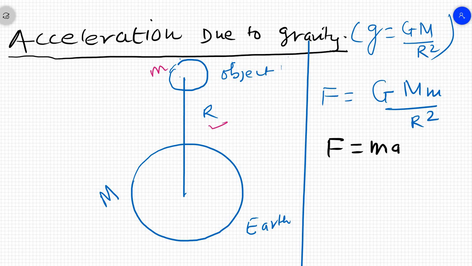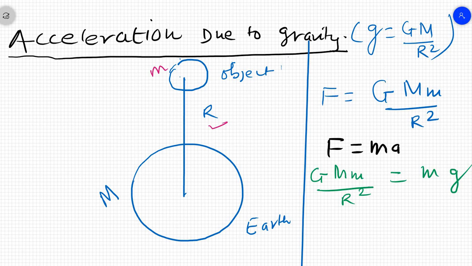So what force is applied on the body? Given by Newton, GMm by r square. This is the force applied to an object, which is equal to m, and here in place of a we can write g. So this is the acceleration produced by gravity, represented by g.